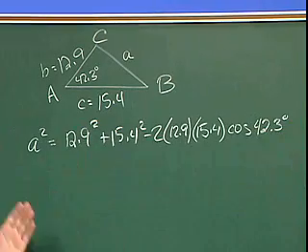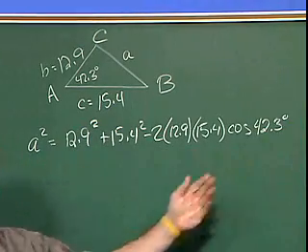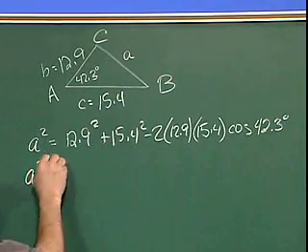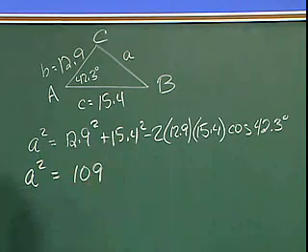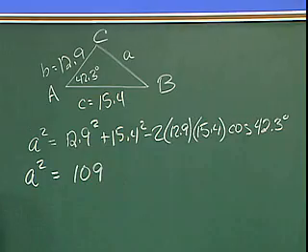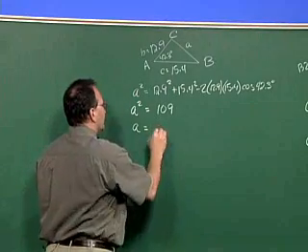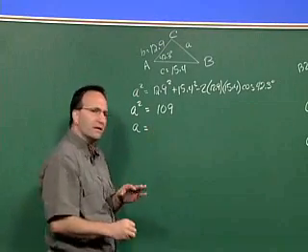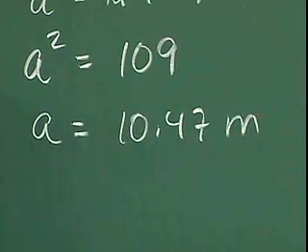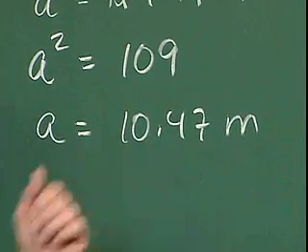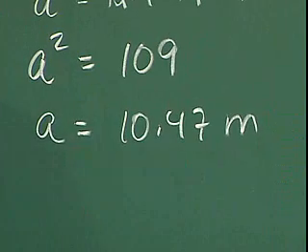All right, we have to work all of that out in the mathematics, and we'll find that A squared is equal to 109, and that A is equal to approximately 10.47 meters. And that would be our side A.